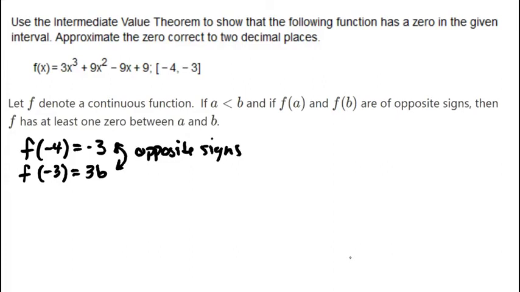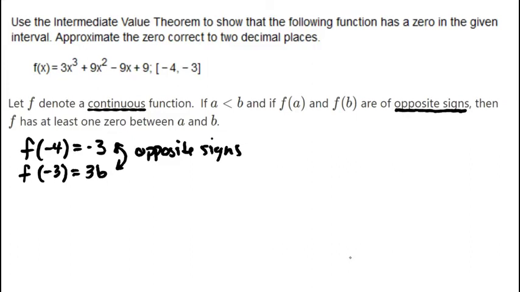So because f is a polynomial and is a continuous function, and we have shown that the y values have opposite signs, there must be a zero between -4 and -3. So now we want to narrow down what that zero is.